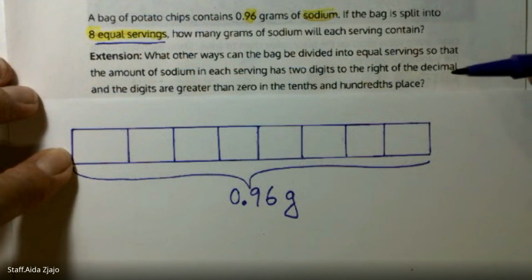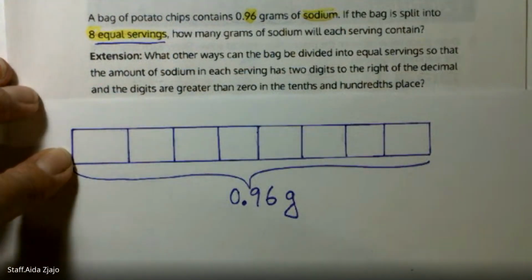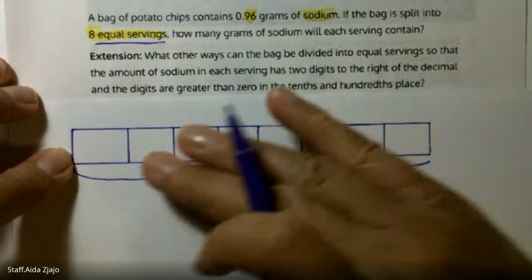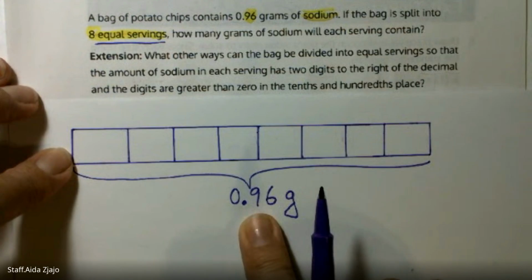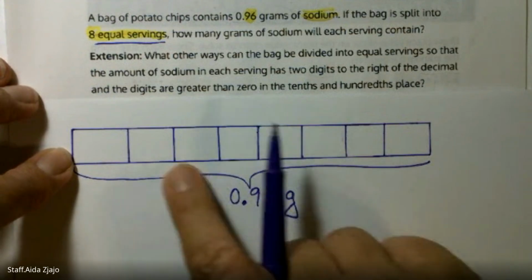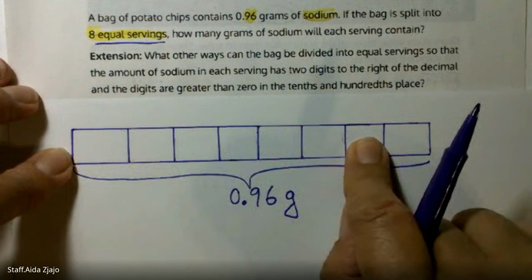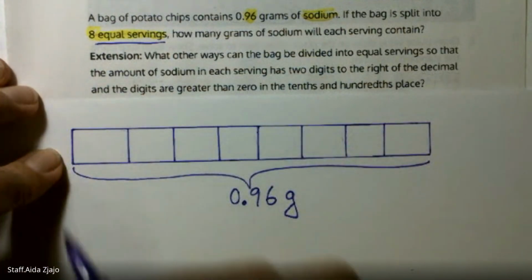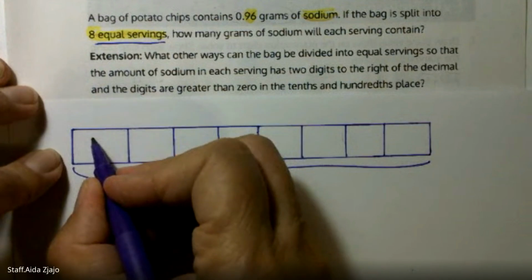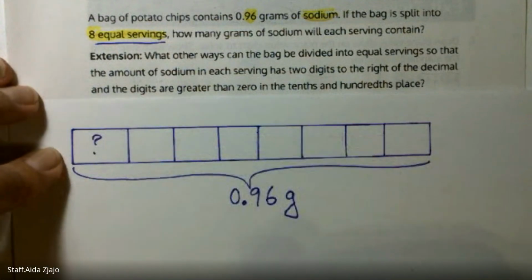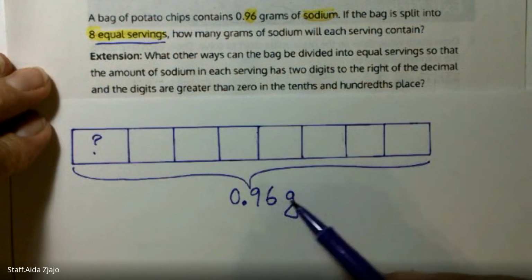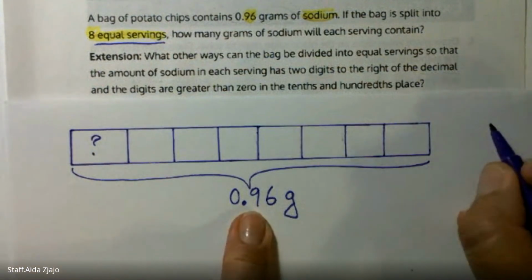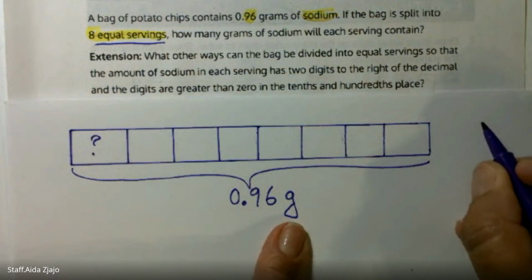What can we share equally if we have 96 hundredths and 8 groups? The question here is, how much is in each? We can figure it out without doing a standard calculation.